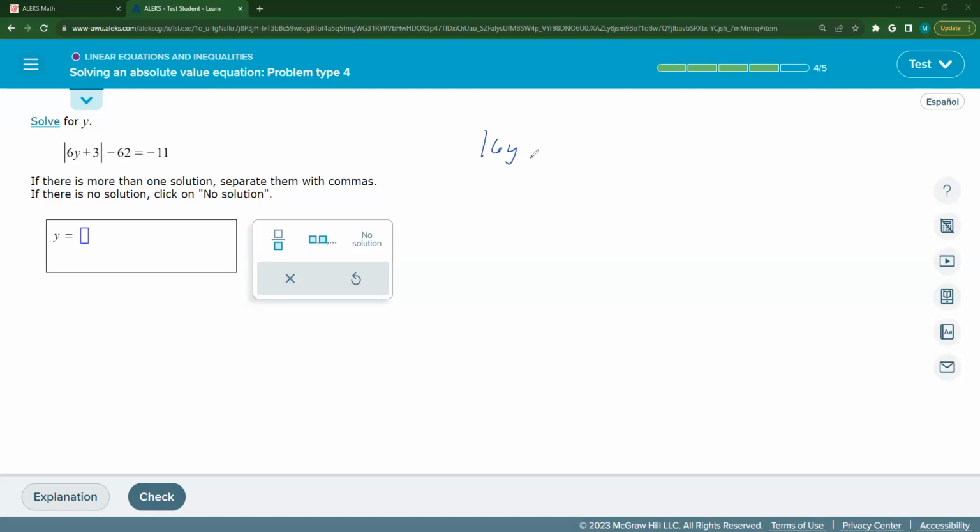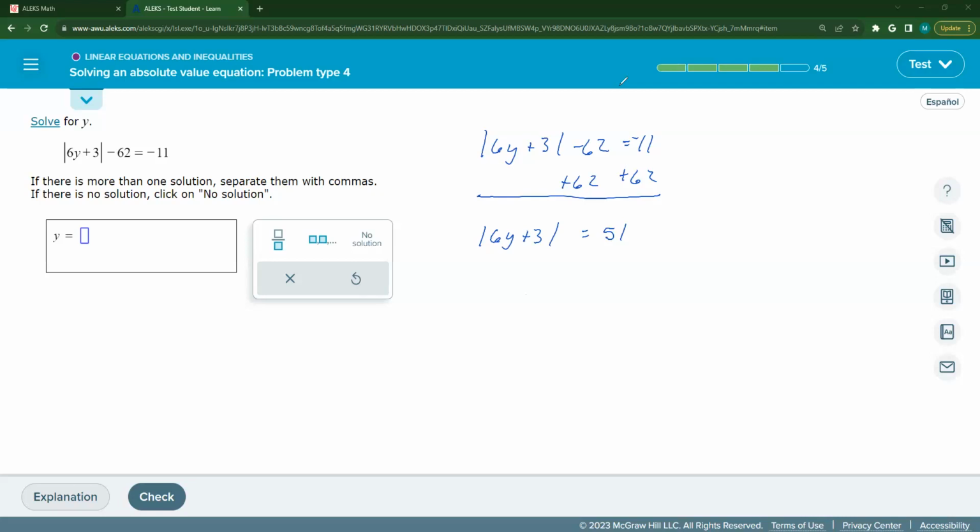So absolute value of 6y plus 3 minus 62 equals negative 11. I'm going to add 62 to both sides. So this video will have all the different types that we can have. So absolute value of 6y plus 3 equals 51.